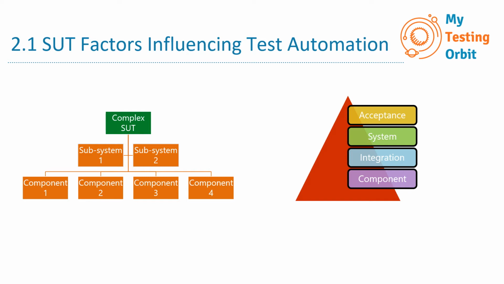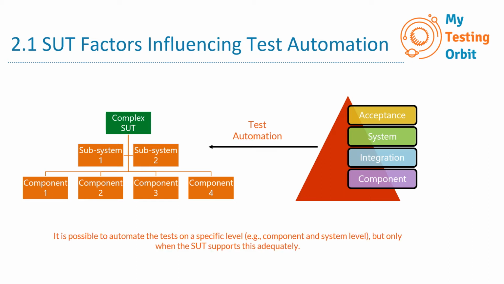So what does decomposition of SUT mean? It means that we are decomposing a complex system into subsystems and then components. And then we can plan our testing at different test levels.